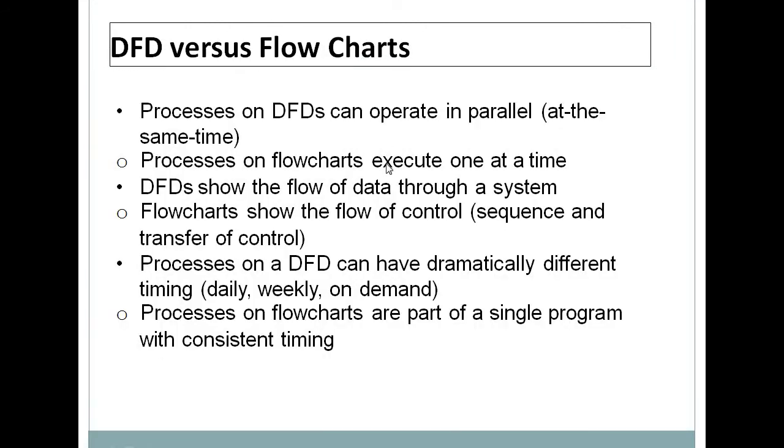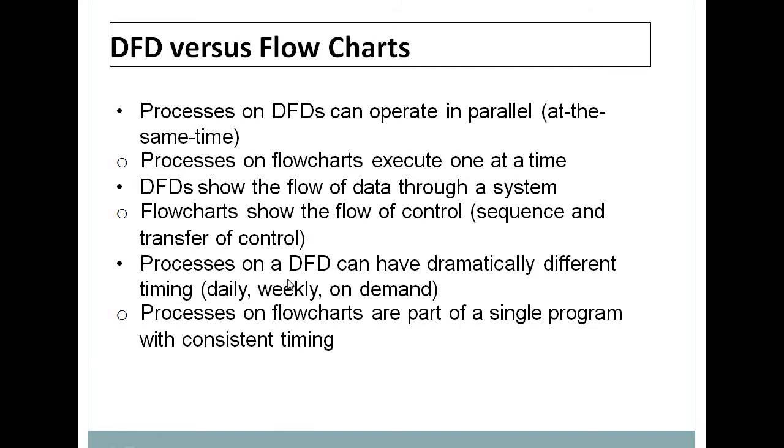Now another slide which shows the difference between DFD and flowchart: processes on a DFD can operate in parallel, meaning at the same time. Processes on a flowchart execute one at a time. DFD shows the flow of data through a system, whereas a flowchart shows the flow of control.